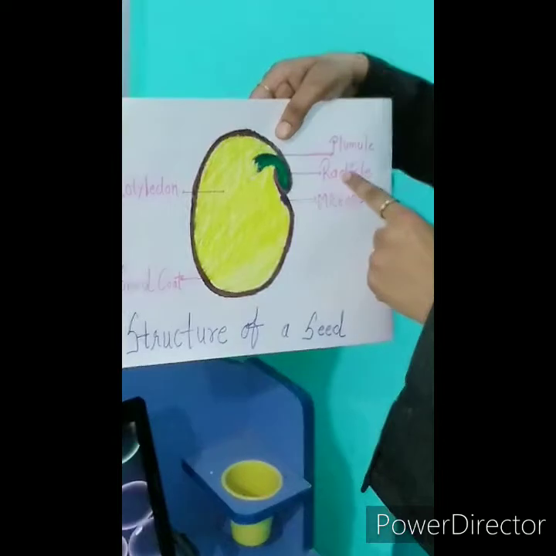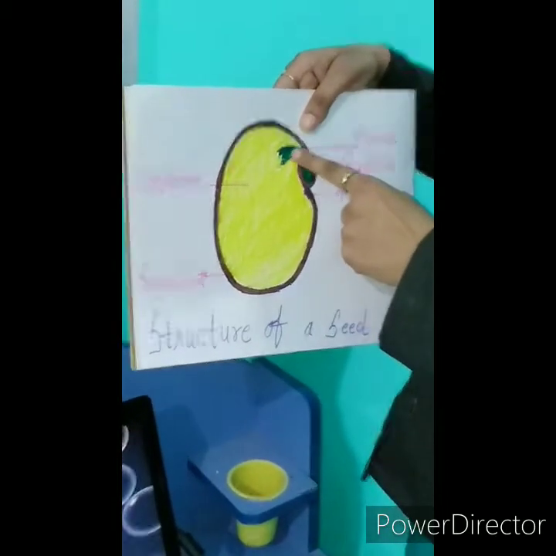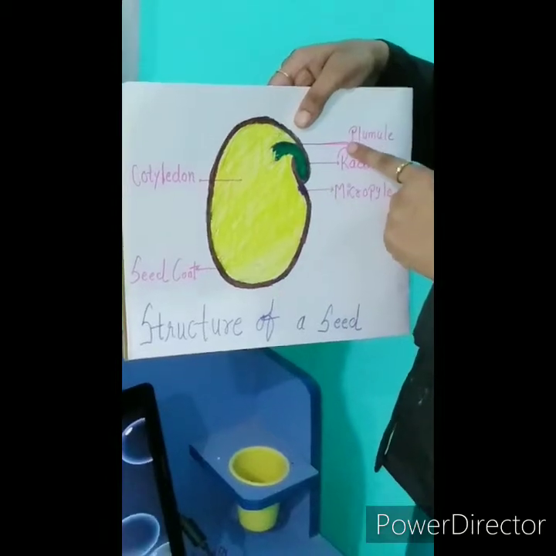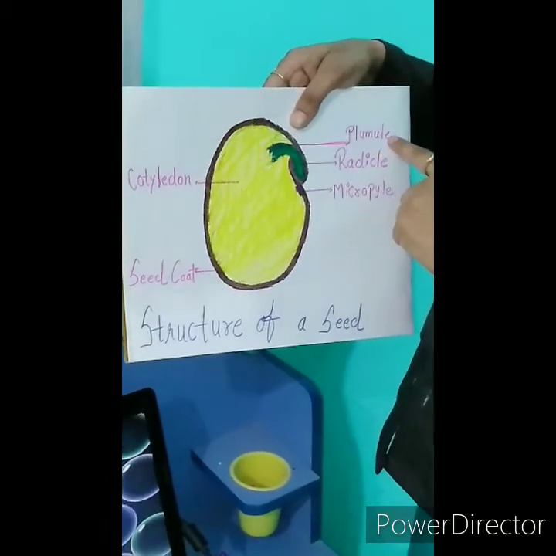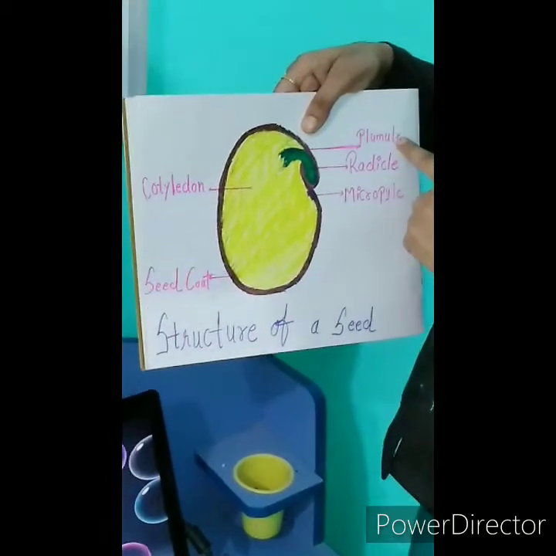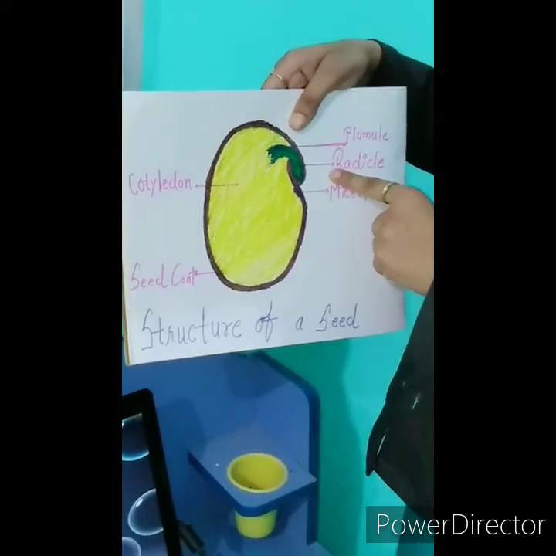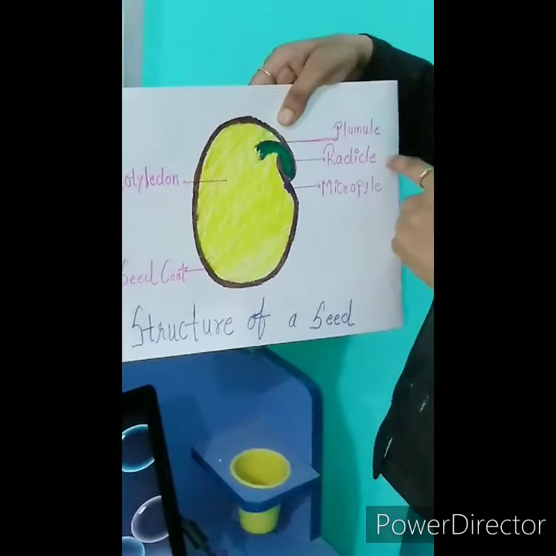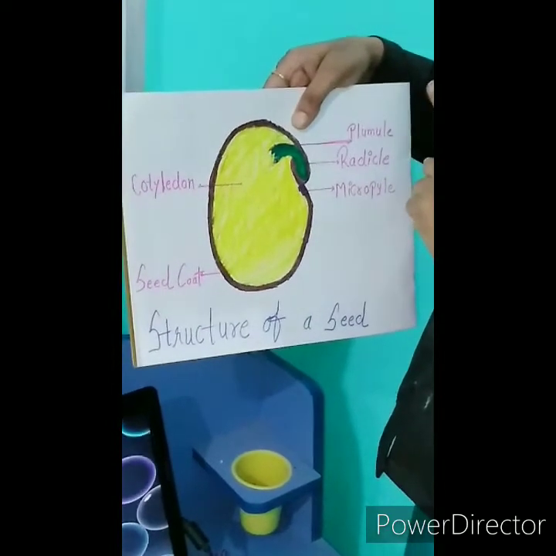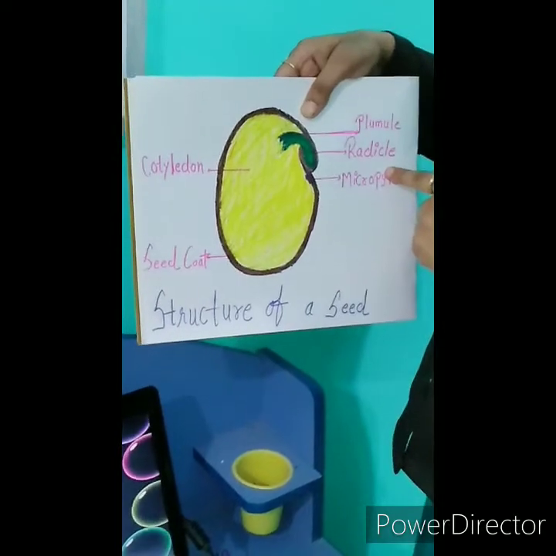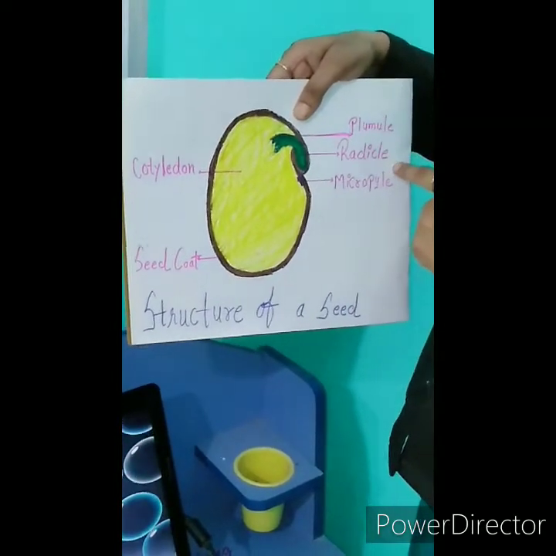Then you can see the tiny structure inside the seed. The upper part of this is known as the plumule, and the lower part of this is known as the radicle. Plumule gives rise to the shoot and radicle gives rise to the root.